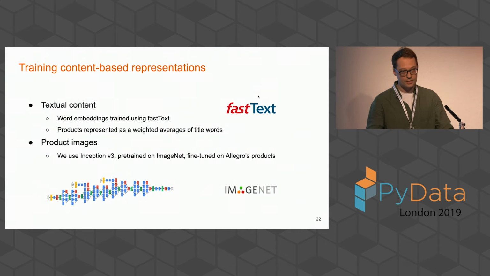In the case of text, we learn the representations of individual words present in product titles using fastText, and then we combine these representations to get the vector of the product title. In the case of images, we use a deep neural network, Inception v3, pre-trained on the ImageNet dataset, and then fine-tuned by our colleagues from another team on Allegro products.